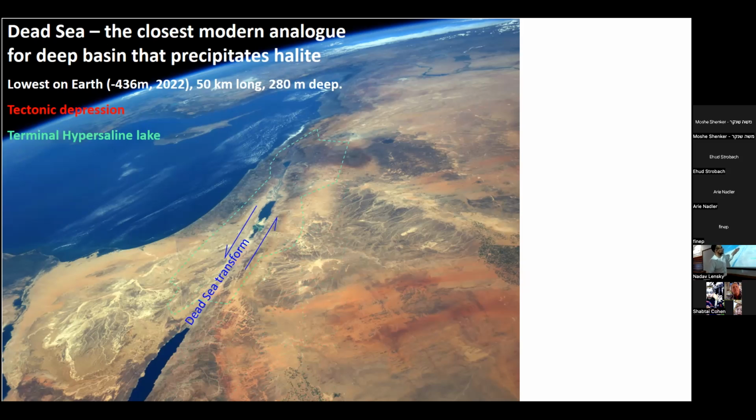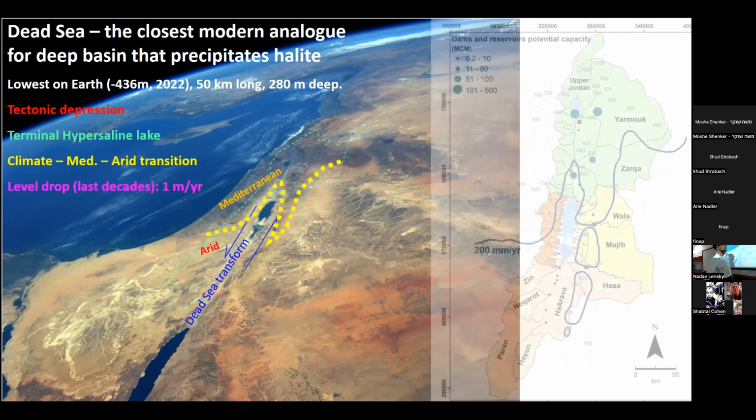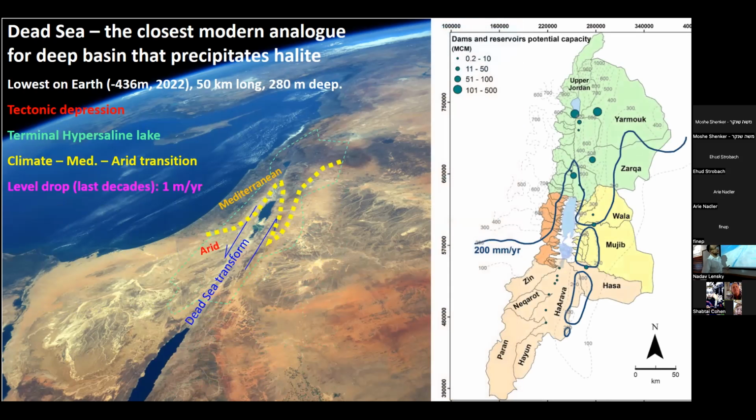It's a terminal lake, meaning that the water is collected from this watershed, mostly from the north. The climate is Mediterranean and arid. And the reason that the Dead Sea level is declining, as you all know, is because we, Israel, Syria, and Jordan, took all the water by dams.